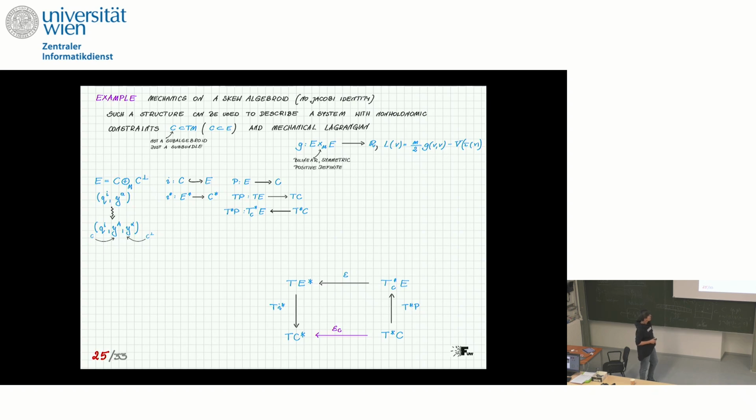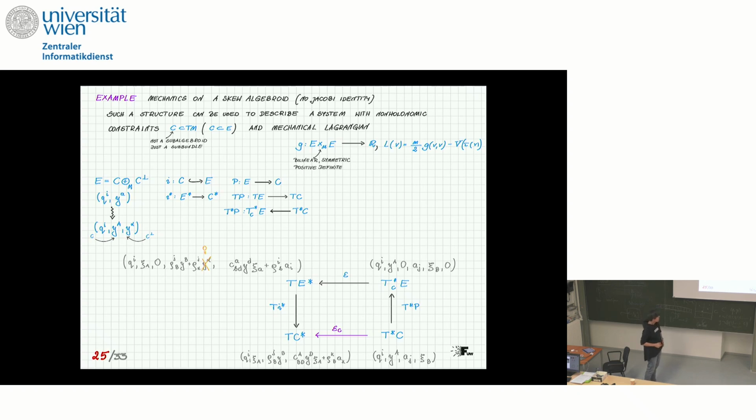To see, okay, maybe we can look at the coordinate expression for a while, how it looks like. Then we will be able to see why we need this particular form of the Lagrangian.